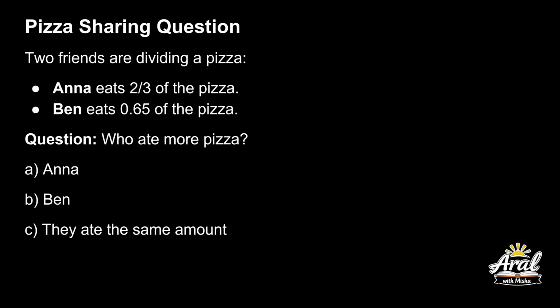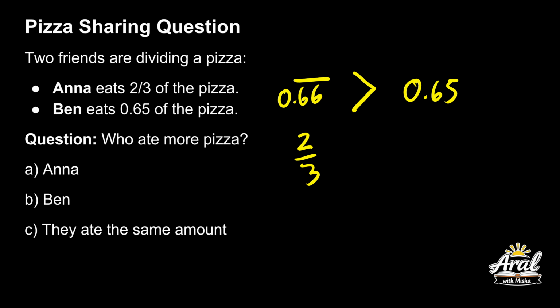So, alam natin 1/3 is 0.33, 2/3 is actually 0.66. Then, ito for Anna, okay? And for Ben, 0.65. So, syempre, mas malaki ito. So, 2/3 is actually greater than 0.65. So, Anna, who ate more pizza? It's actually Anna. Okay?